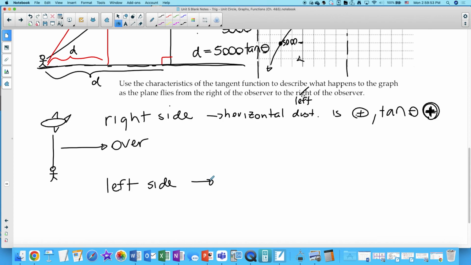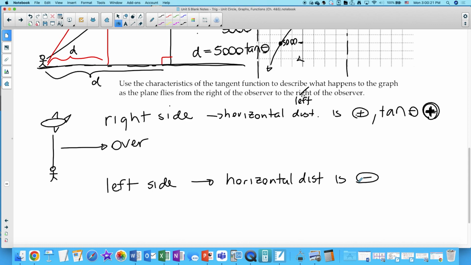If we wanted to just use a single number to describe that, rather than using directions with words, right or left or whatnot, you would have to add a negative value to that. So now the horizontal distance is negative. Okay? And if the horizontal distance is negative, then the tangent will also be negative.